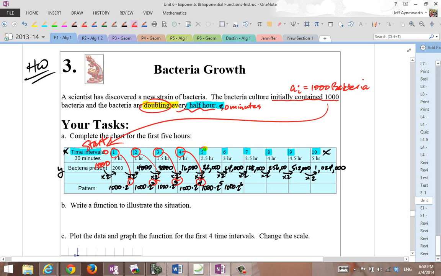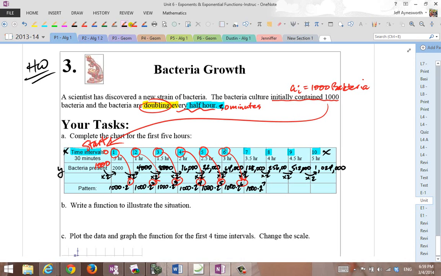Once again, look at the pattern here. After the 5th time interval, that's 5. After the 6th time interval, that's the exponent 6. It's the same, and this gives us our function here, by the way, our pattern. So you got to be trained in looking at patterns. So from 1,000 to 128,000, well, that's 1,000 times 128, but we know that it's 2 times 2 times 2 times 2 times 2 times 2 times 2, and that's 2 to the 7th.